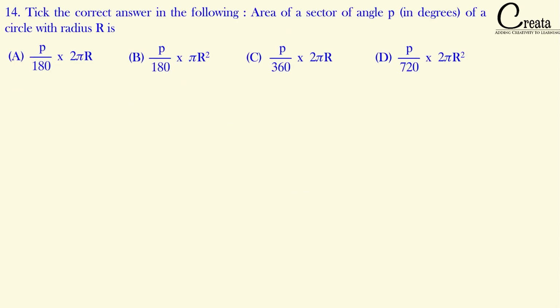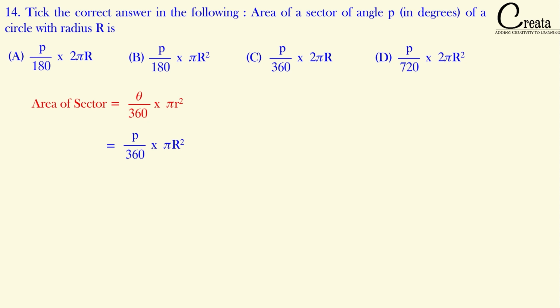The question is, choose the correct answer from the following. Area of a sector of angle P in degrees of a circle with radius R is, 4 options are given. In this question, we have to find the area of the sector. And we know the area of the sector formula is theta upon 360 into pi r square. Here angle theta is given as P and radius is given as capital R. Let's put the variables.